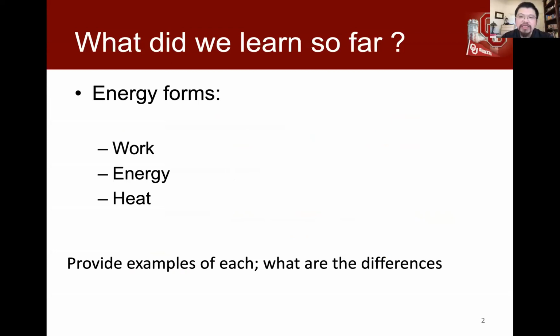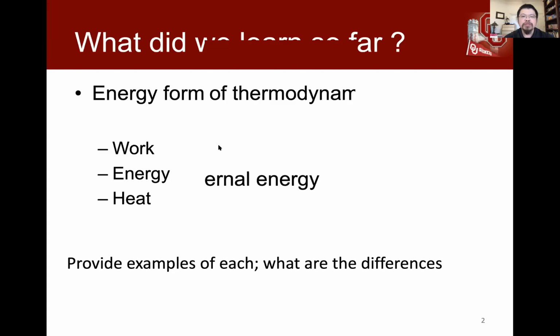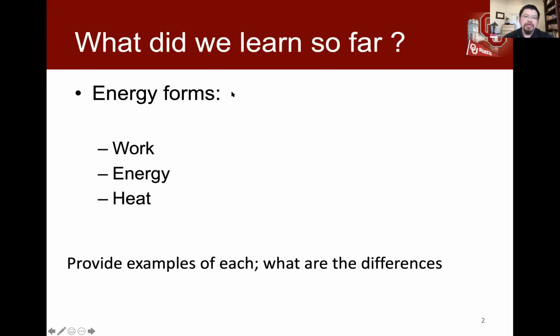So let's have a quick 5-minute review on the things we have already discussed. First of all, we were really focusing on lots of discussions on the energy form. That involves work and heat as energy input to make changes to the system. We should be able to provide some examples of work, which is mechanical work, PV work, and heat.